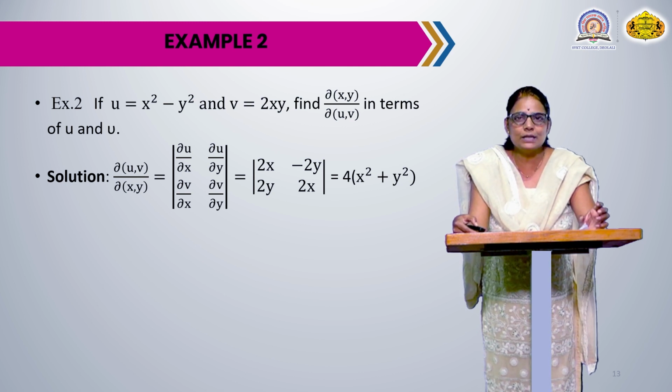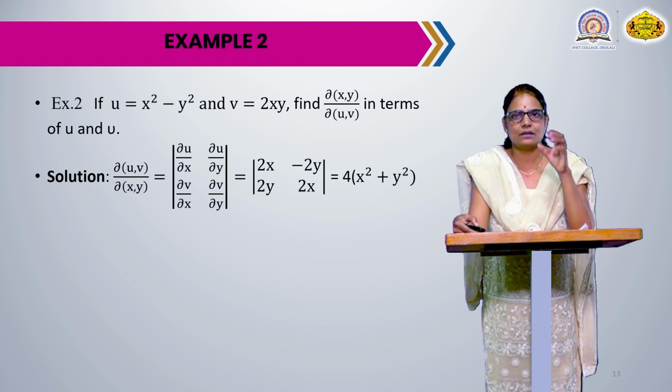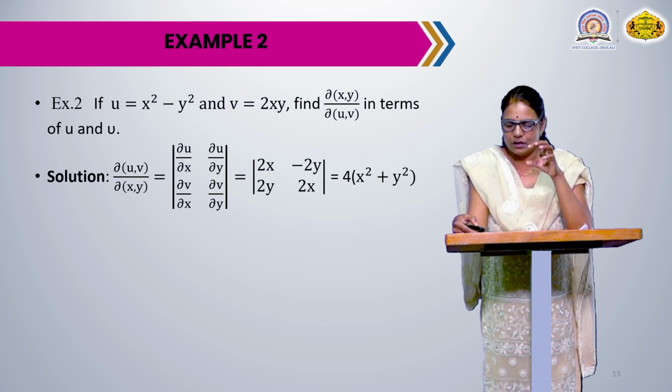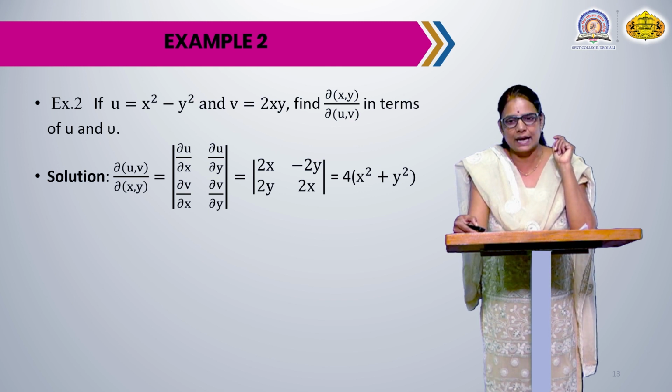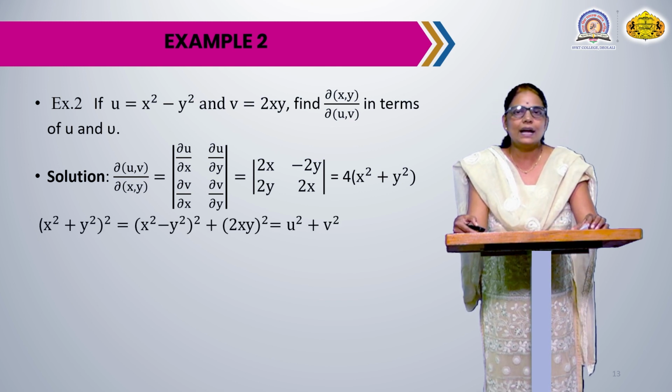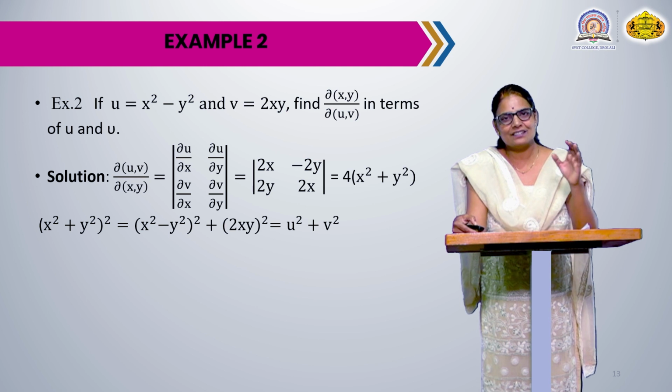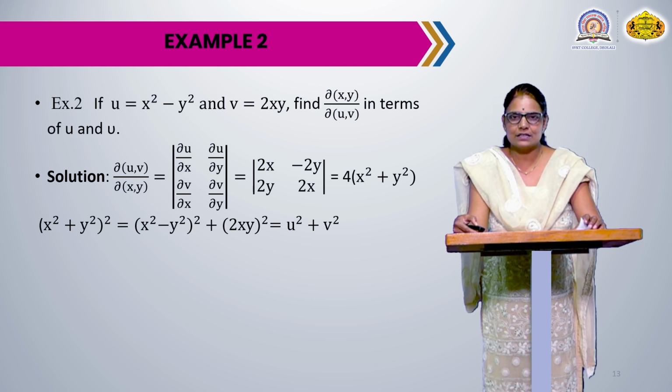But we want to express the Jacobian in terms of u and v. For that we use an identity: (x square plus y square) whole square is (x square minus y square) whole square plus (2xy) whole square. You can easily check whether this identity is true by solving both sides.